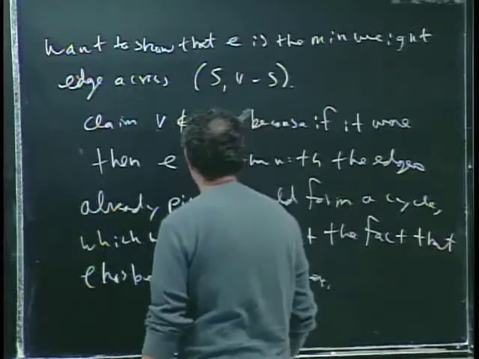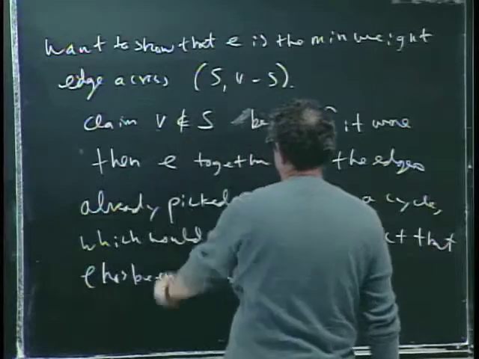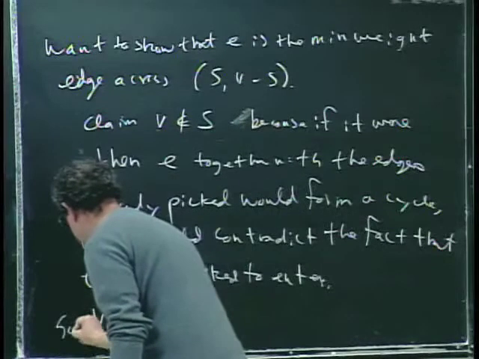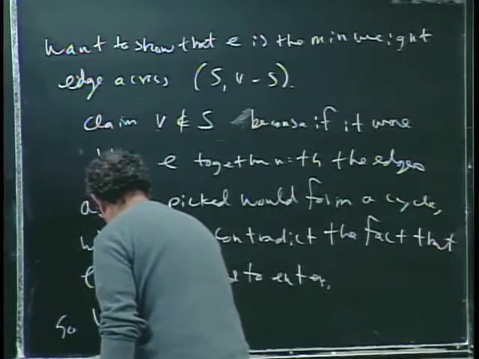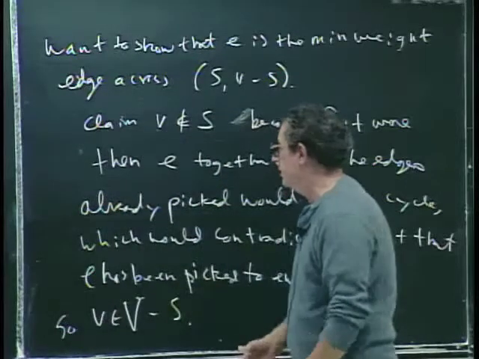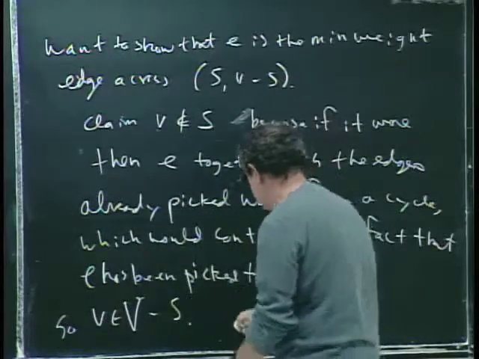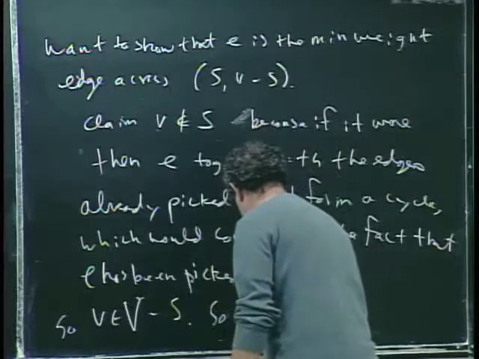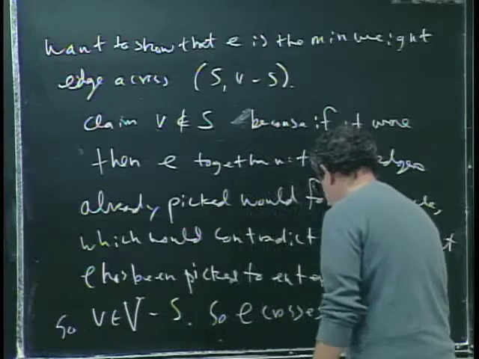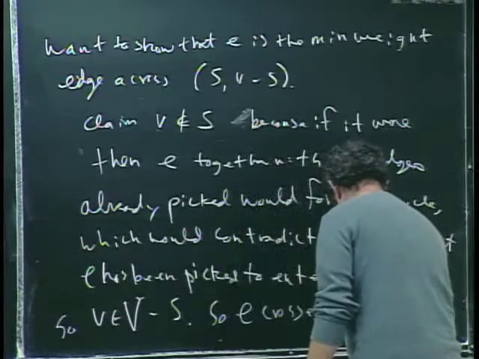Okay? So V is not in S. So V is contained in big V minus S. All right, so we have said then that E crosses from S to V minus S.